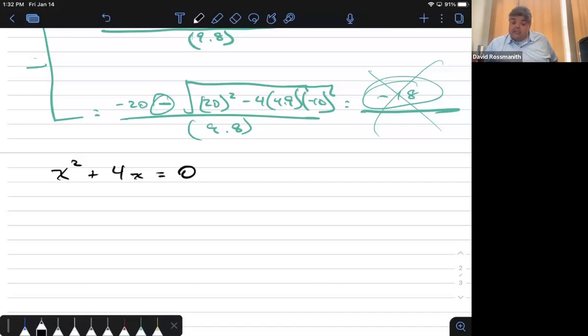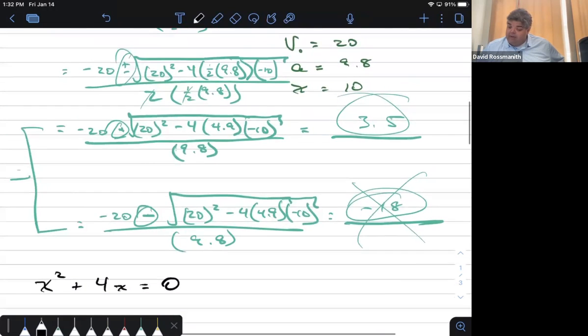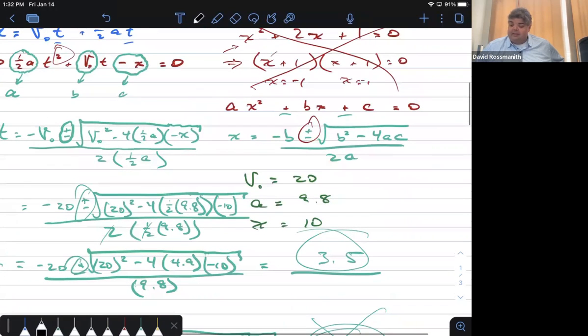Well, notice the variable, the unknown variable here, x, the highest power is 2. So again, it's quadratic. So, oh man, I have to use quadratic formula. But here we don't have to use a quadratic formula. And notice why. In order to use the quadratic formula, the standard form has the x squared term, the x term, and then this other term, which is just a constant. It's a number.